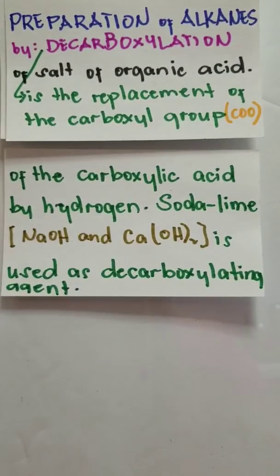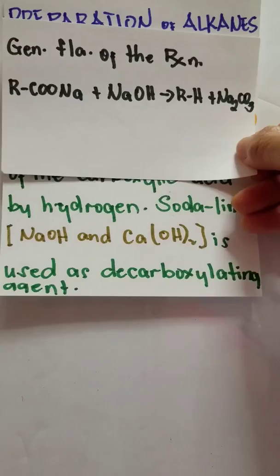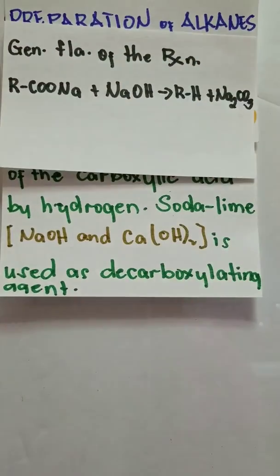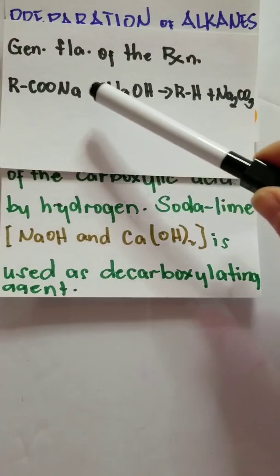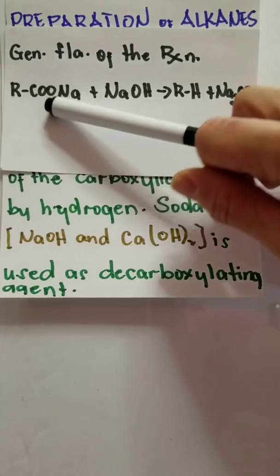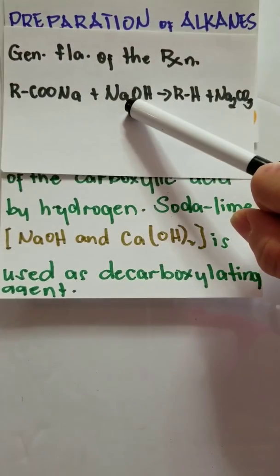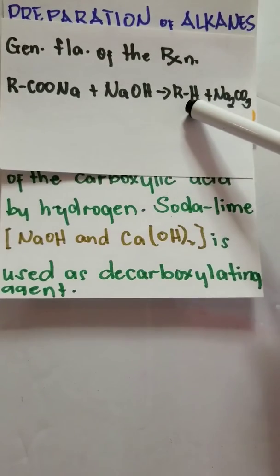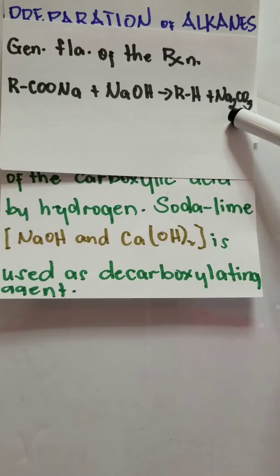Now we have the general formula for the decarboxylation of your alkane, of a salt, which is, not soda lime, it's your sodium acetate. Sodium acetate plus your soda lime, sodium hydroxide, will yield alkane plus sodium carbonate.